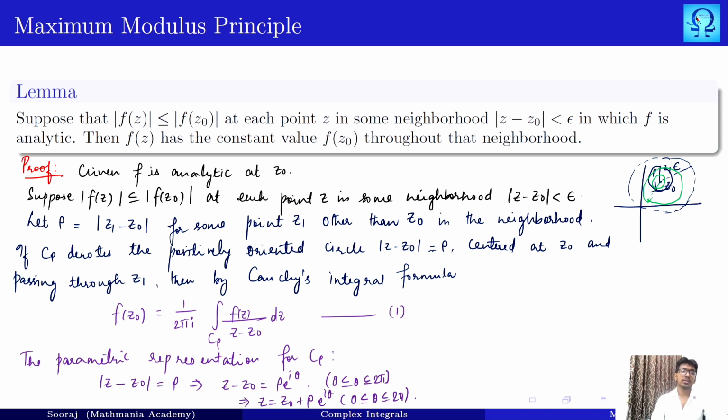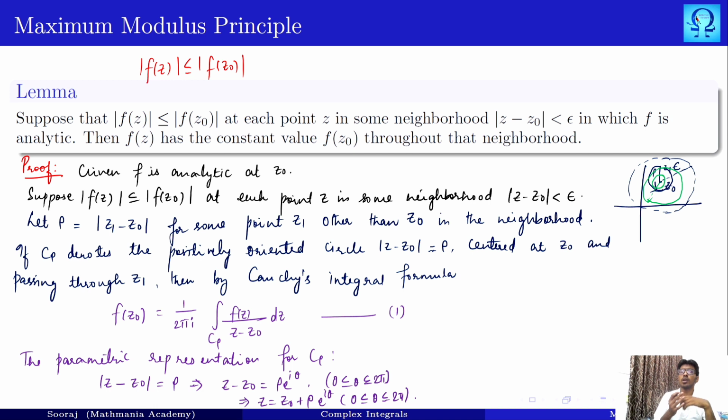So here in this lemma, we just proved that if a function satisfies this condition, that is, absolute of f of z is smaller than or equal to absolute of f of z naught, where z naught is the center, and around z naught you take some neighborhood, and this property is holding in that neighborhood, so that in that neighborhood your function is analytic.